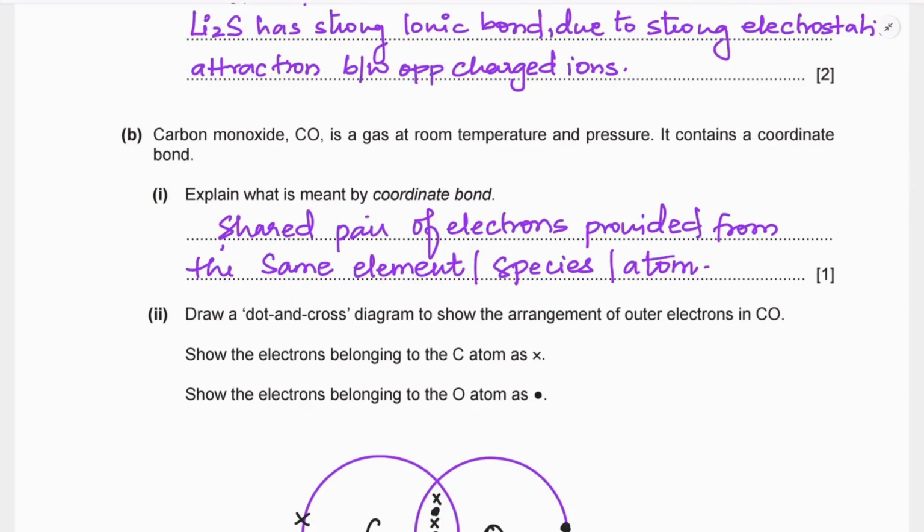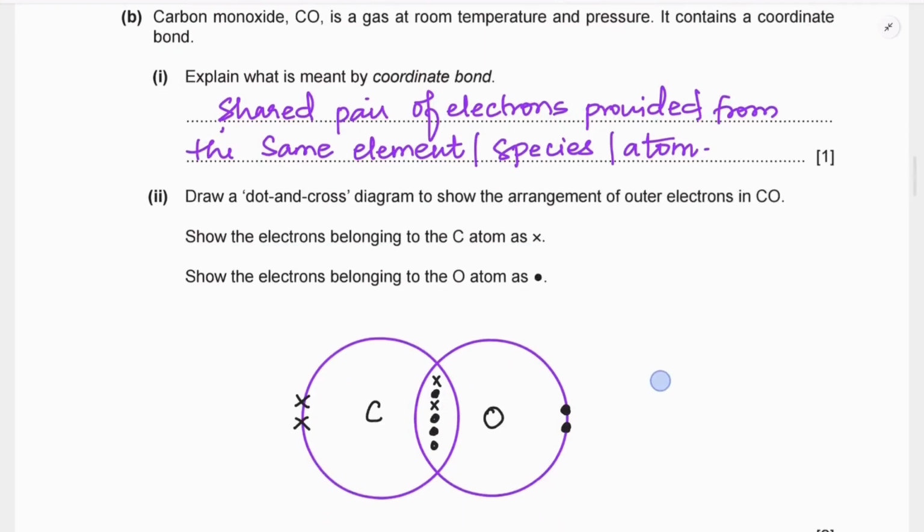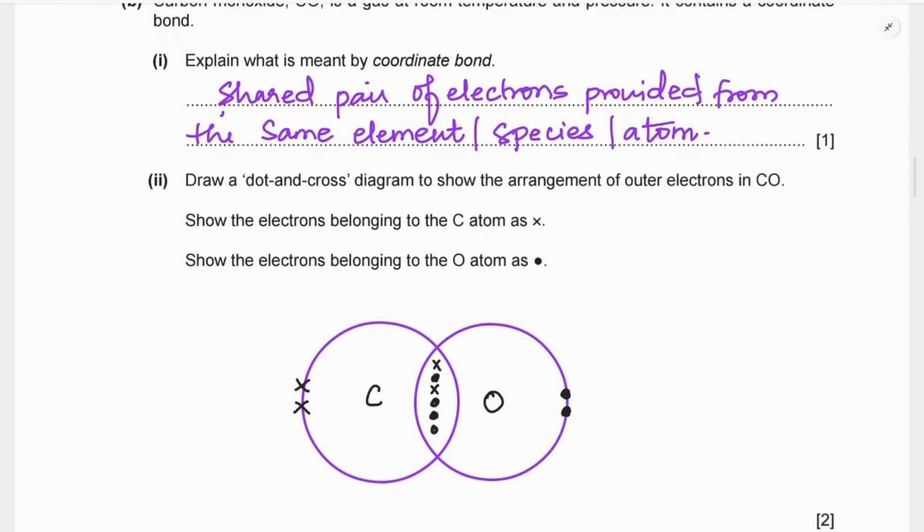Draw a dot and cross diagram to show the arrangement of outer electrons in CO. So we need to only focus on the outermost shell of electrons. I have done it for you. C we are going to represent as X and O we are going to represent as dot. Carbon, you already know, has 2, 4.